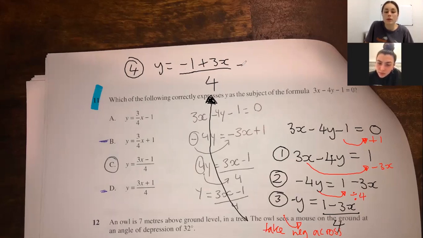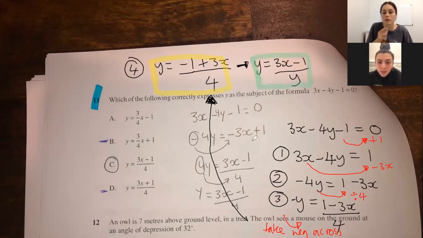And when you have a negative number out the front, you can literally just swap them over. So it'd be positive 3x minus 1 over 4, because these two are the same thing. I'm just copying that last step down. That one in yellow is the same as that one there in green. It's just like a more correct version.